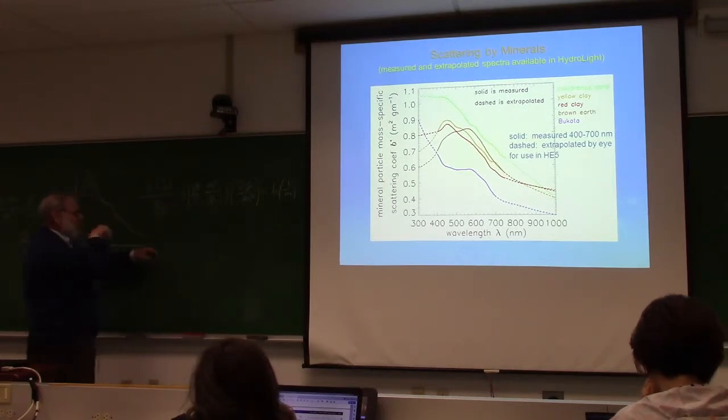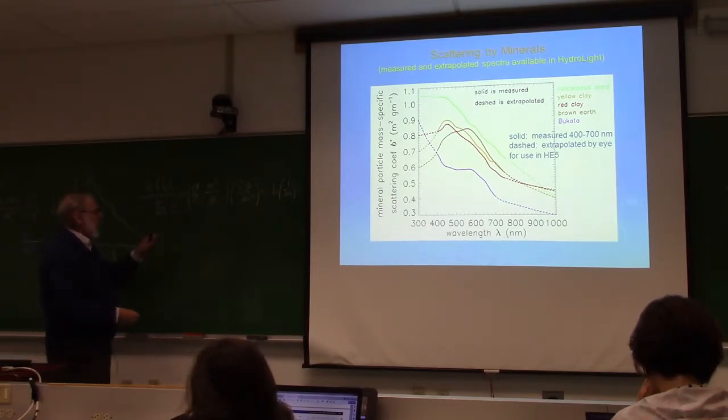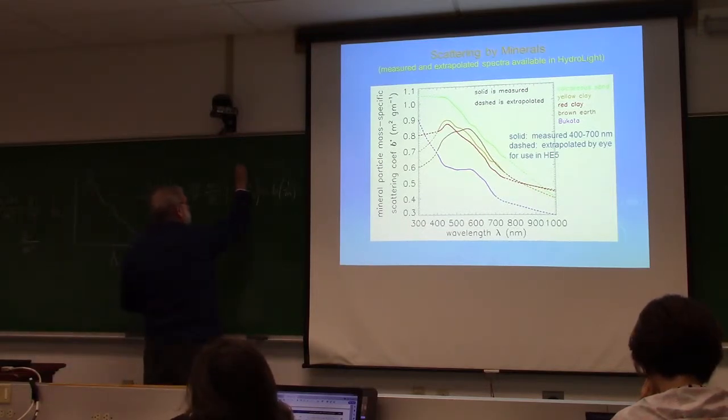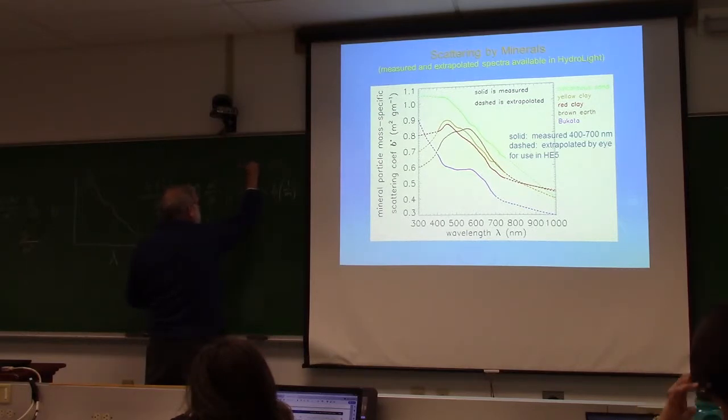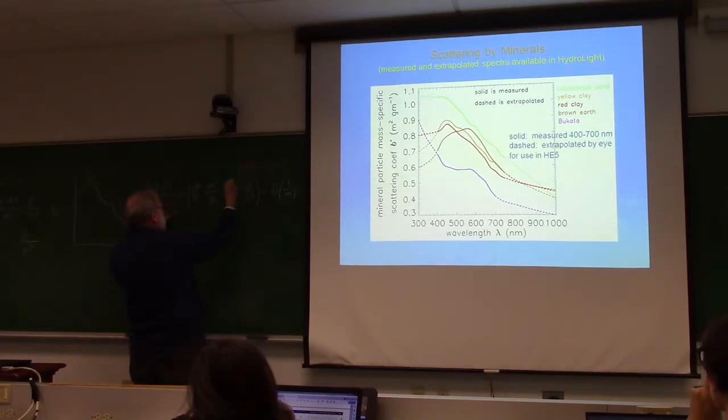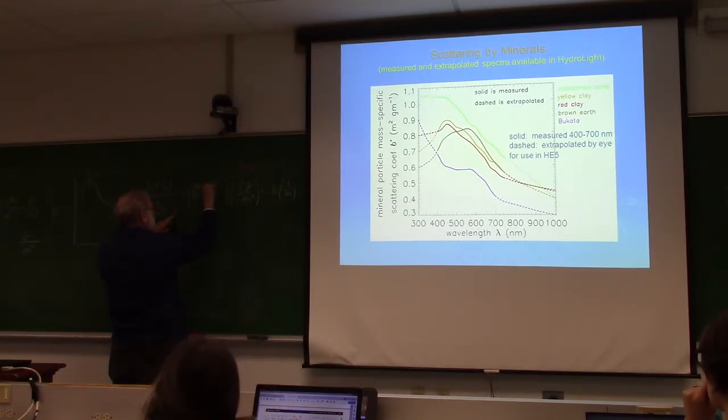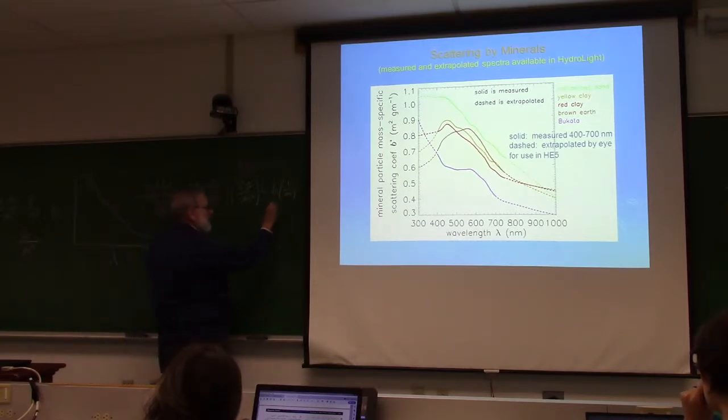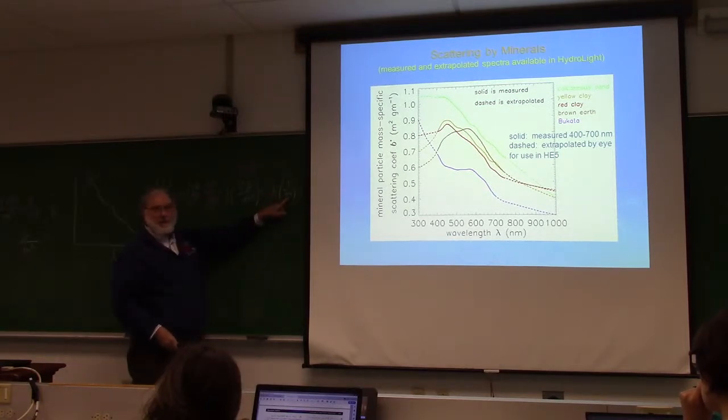That's a stupid unit because the numbers would be like 10 to the 24th or something, but you could do it as long as you measure your concentration in number of atoms per cubic centimeter, so that this would now be centimeters squared per number of atoms, and then you'd multiply it out, and all that matters is at the end you get a scattering coefficient of per meter.